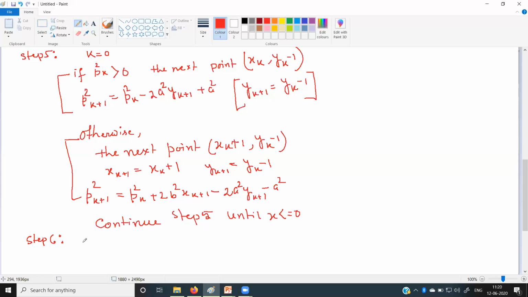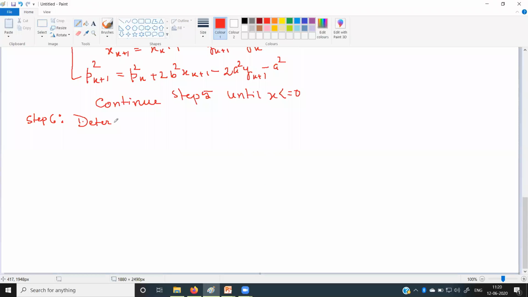So we have to write: determine symmetric points for other 3 regions.